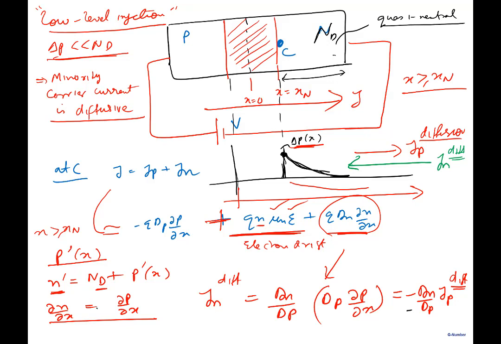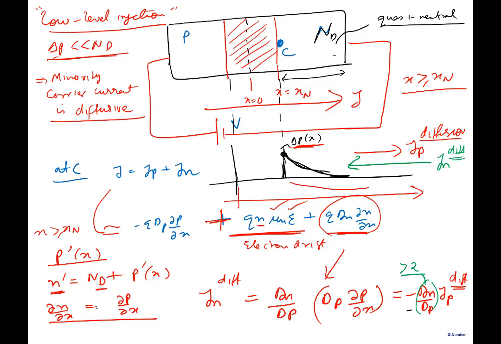Dn by Dp is less than 1 or larger than 1? Greater than 1. If you take electron mobility as roughly twice as large, or 2.5 times as large, this factor may be greater than 2. So it says Jn diffusion is opposite to Jp diffusion and is twice as large.